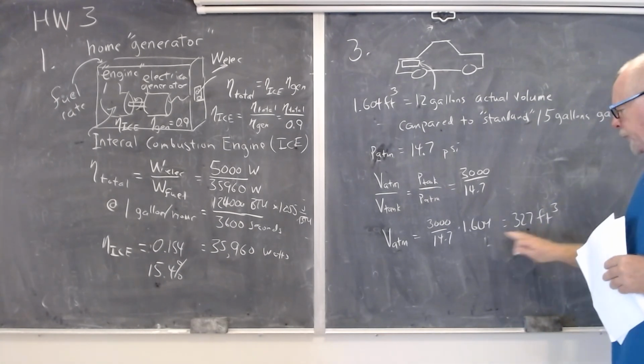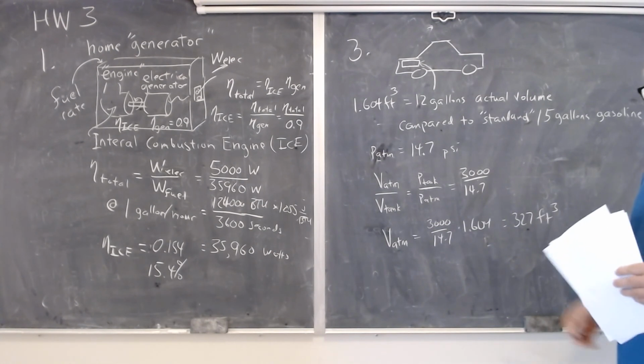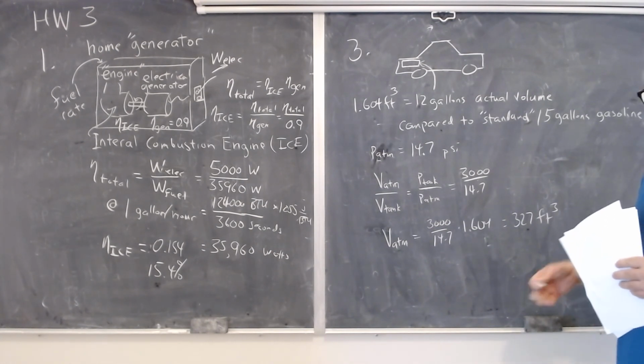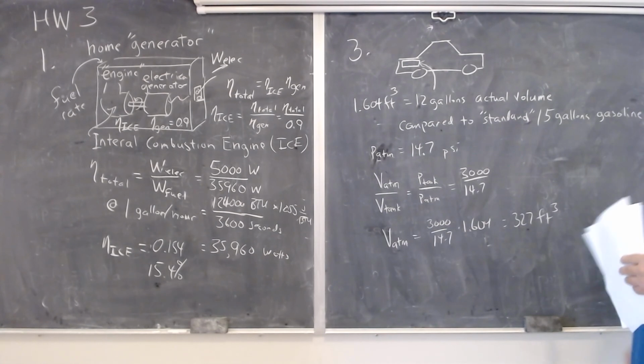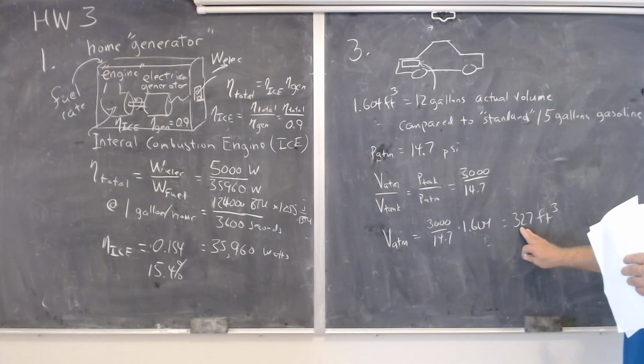So when you filled the tank, now again we're thinking in terms of everything being 100% efficient. The compressor compressing the natural gas may have some losses, things like that.